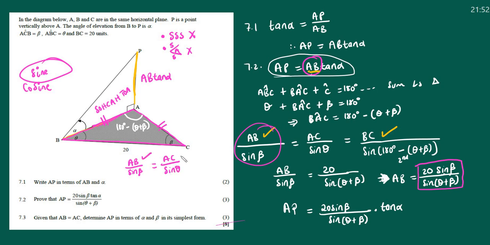And if this and that are equal, it should also mean that these two are equal, right? So it then implies that sine beta is equal to sine theta.